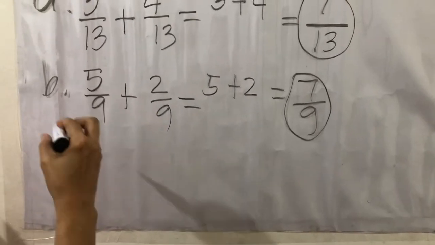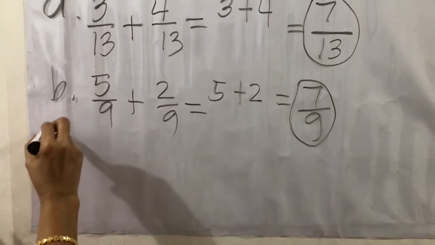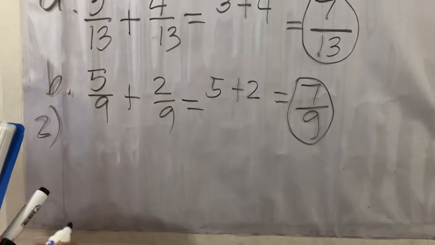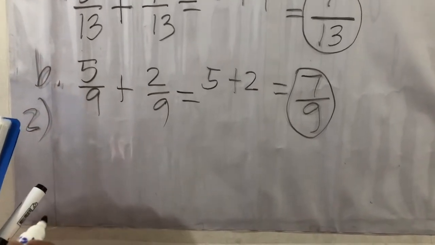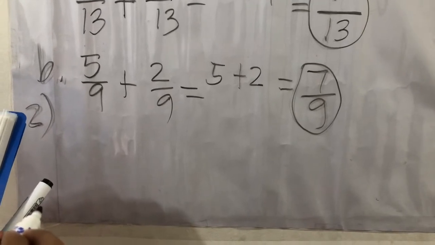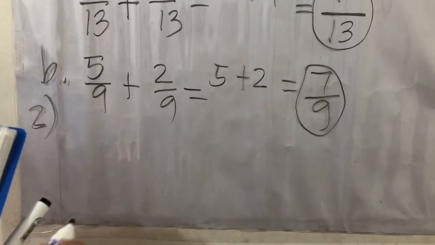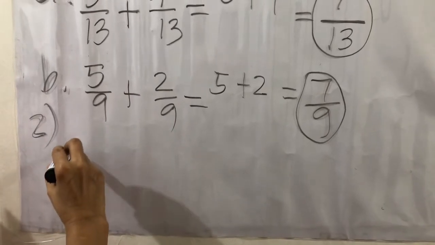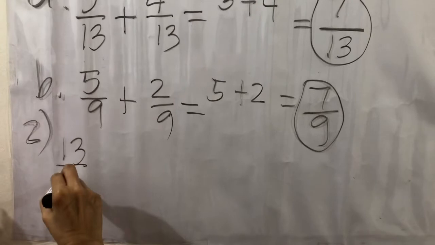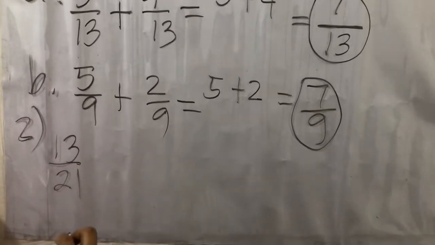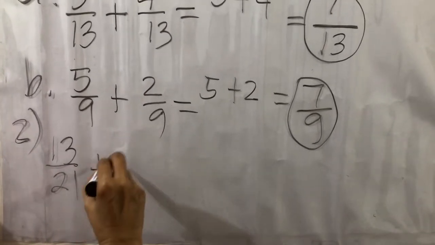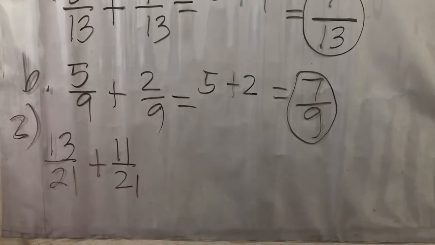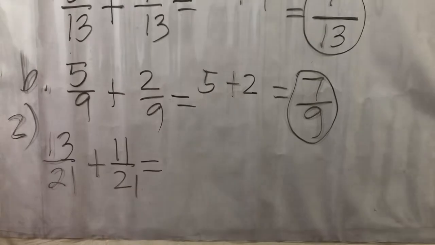Example number 2. What is the sum of 13/21 and 11/21? The number sentence for that is 13/21 plus 11/21 equals.